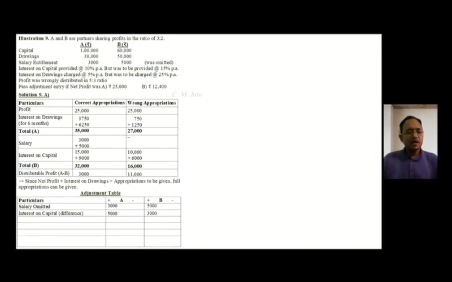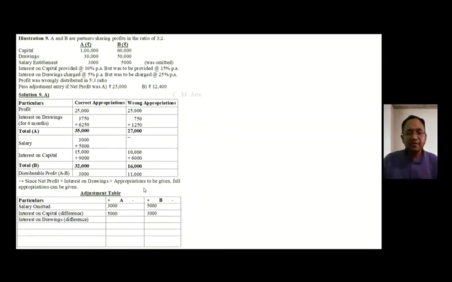Written. Next is interest on drawings. Again, we will just adjust the difference. Now see, A was to be charged interest on drawings 3,750, but was actually charged only 750. That means how much more is to be charged? 3,000 rupees, right?